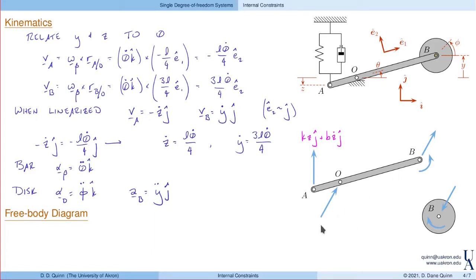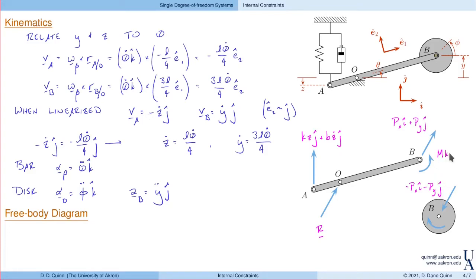Now, the reaction force, again, we're going to take moments about this point, so I'm just going to leave that as R. I could write that in different components, just like I will for the reaction force at B. Here, this reaction force, I'll break up into components in the I and J directions, which means that on the disk, that force is minus px in the I direction, minus py in the J direction.